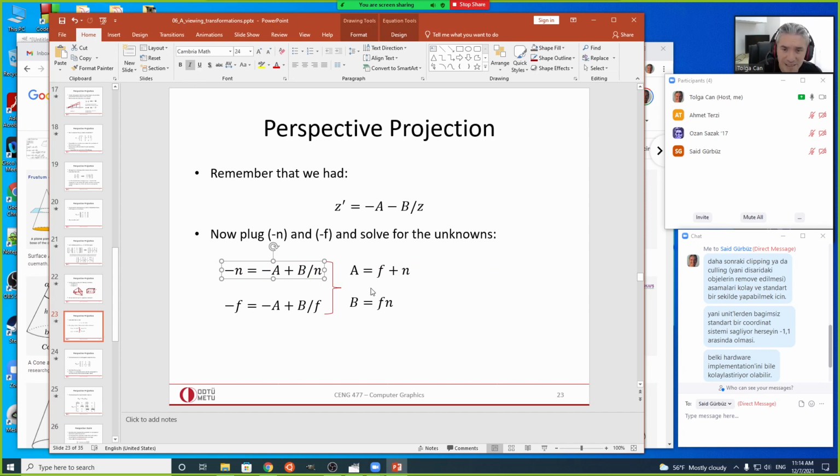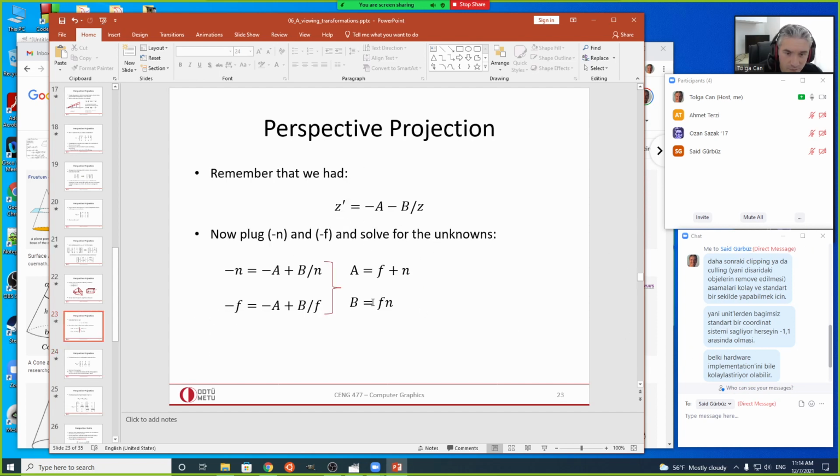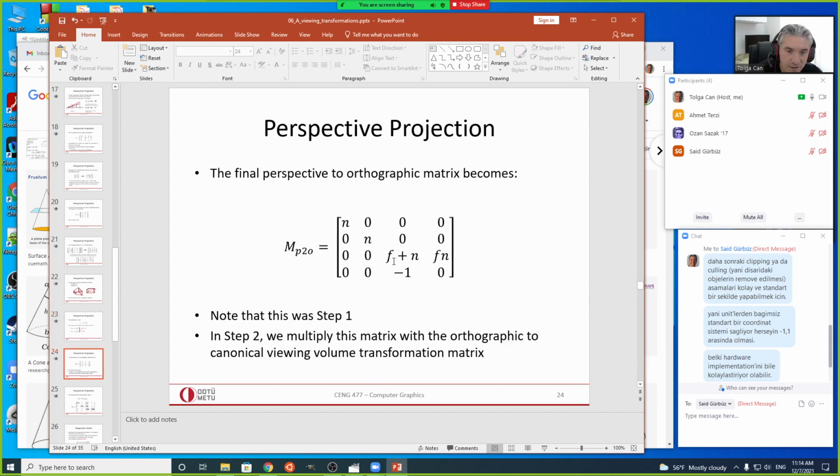This is one equation. This is the other -f equation. We can rewrite them like a is equal to f plus n here, b is equal to f times n. So two equations, two unknowns. If you solve for them, actually we have just solved for them. a becomes f plus n, b becomes f times n. So all you need to do is write f plus n for your a value, f times n here.